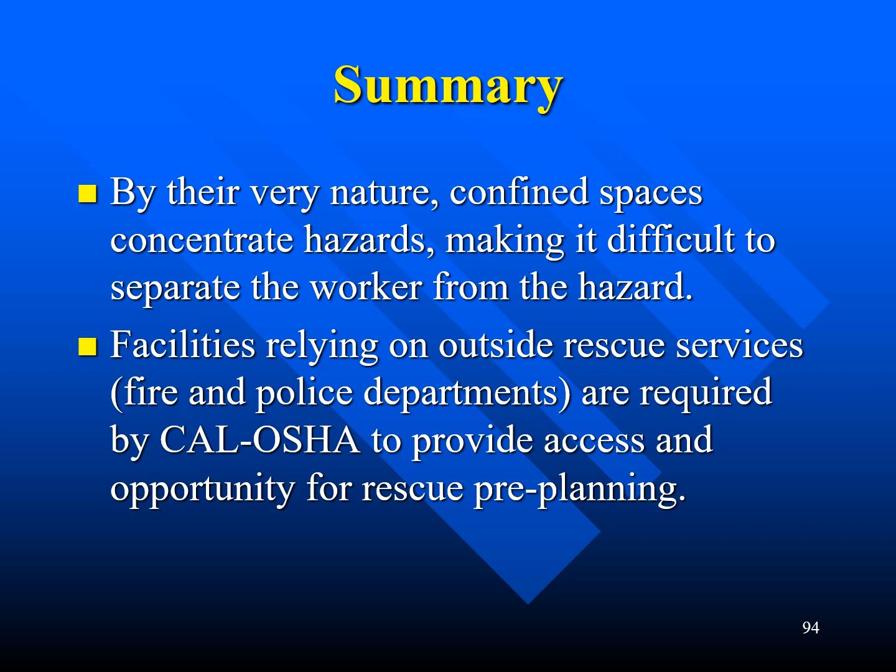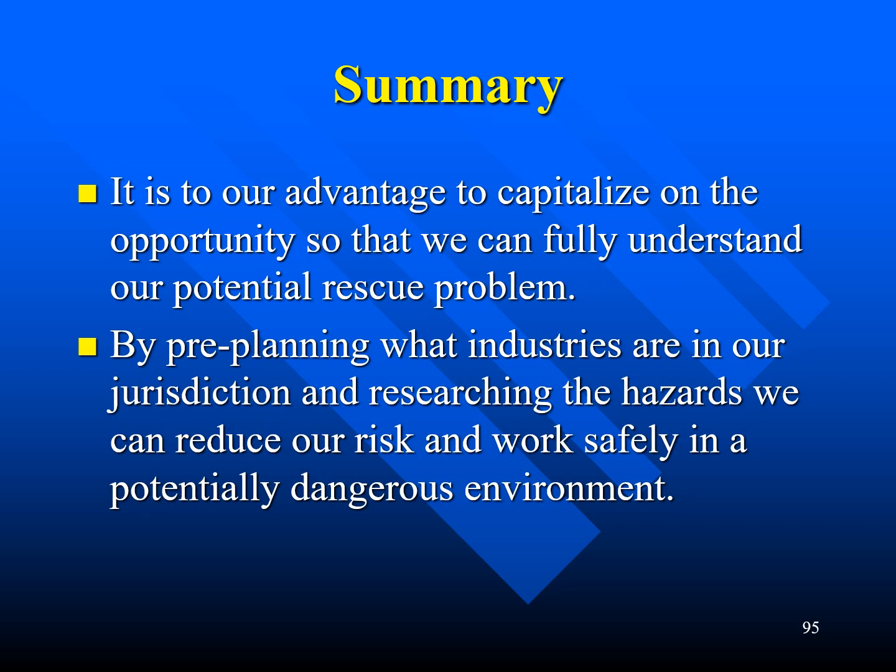Facilities relying on outside rescue services, fire and police departments, are required by Cal OSHA to provide access and opportunity for rescue pre-planning. And it is during this rescue pre-planning that we identify these target locations. It is to our advantage to capitalize on the opportunities so that we can fully understand our potential rescue problems.